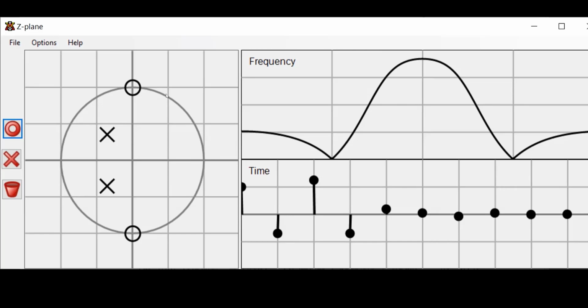And then as we trace up here, at omega equals pi over 2, we hit a 0, so the DTFT is indeed 0. Then it gets higher as we increase our frequencies, we get closer to our poles. And then we hit a 0 at higher frequencies, and now we're back to our original.